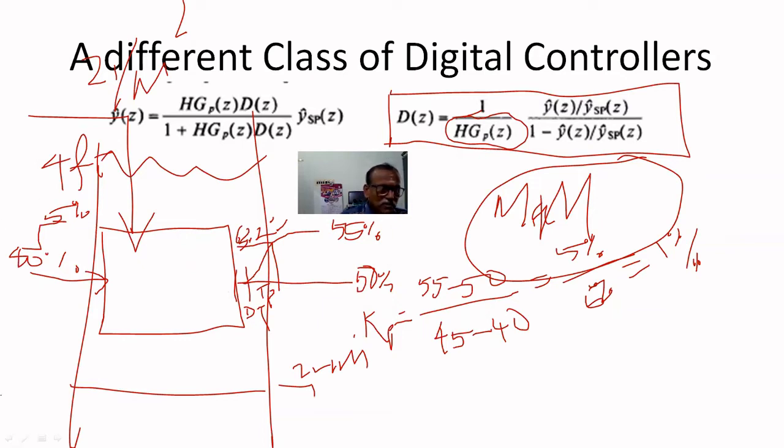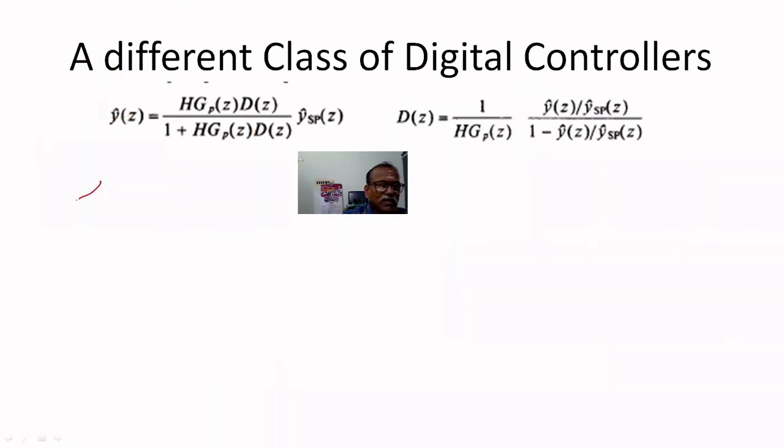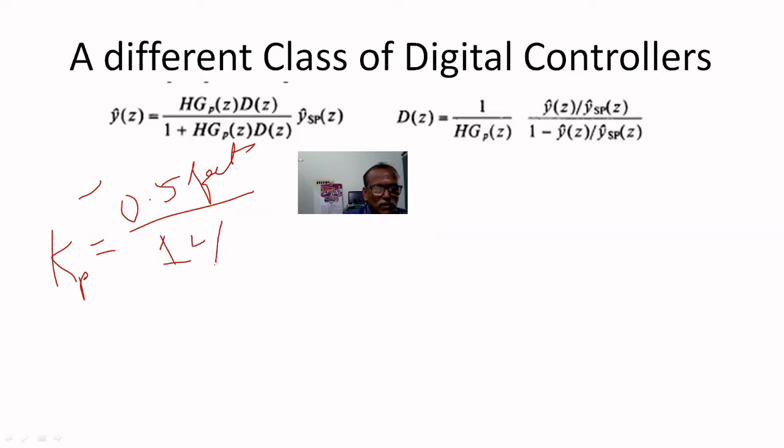If you ask for Kp, the gain, suppose I give a 1 liter per minute change. Therefore, the change in level is 0.5 feet, and the change in input is 1 liter per minute.